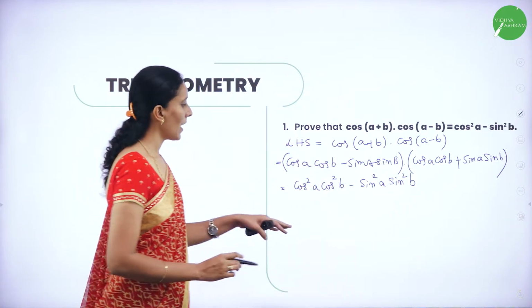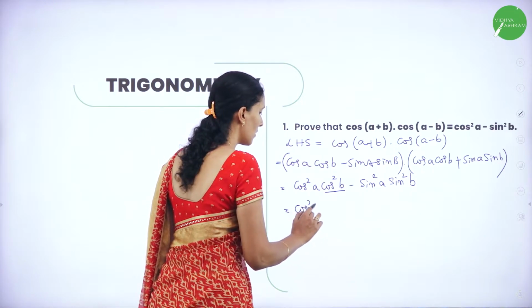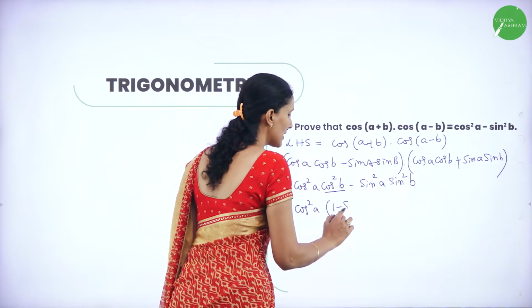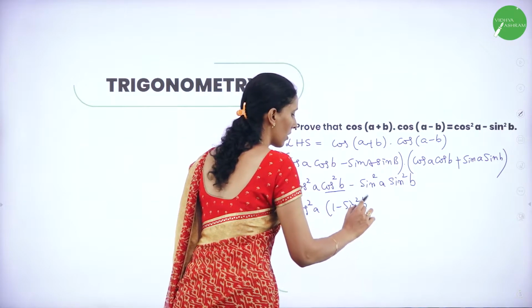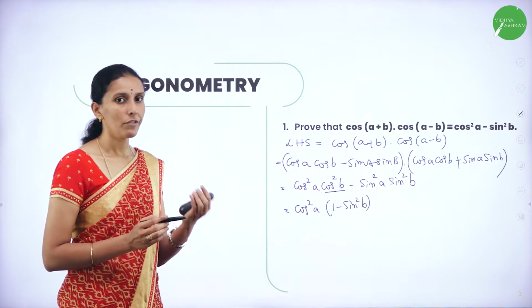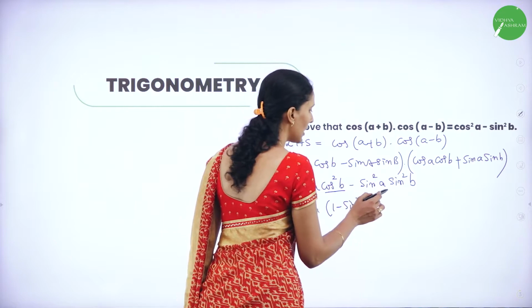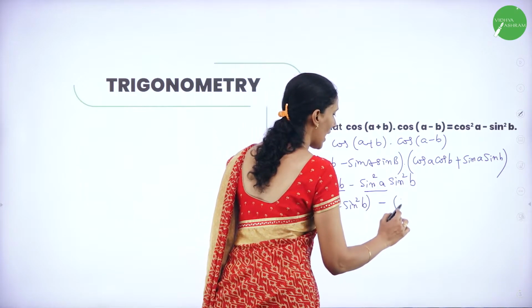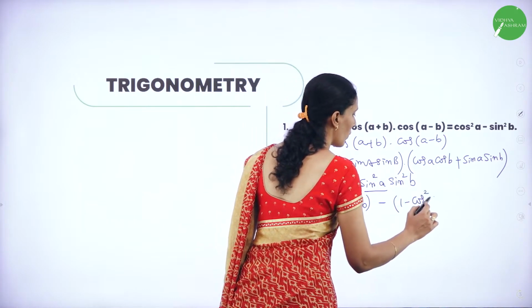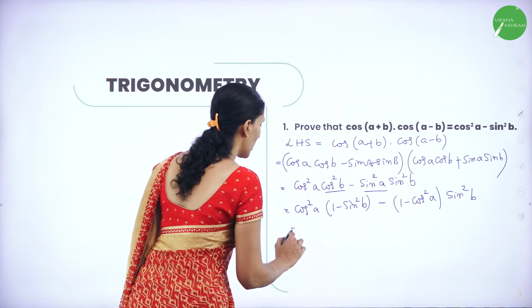Here I'll replace cos square b as 1 minus sin square b, because sine square plus cos square is nothing but 1. If you want cos square, you can write it as 1 minus sine square. Similarly, here I'll replace sine square a as 1 minus cos square a, into sine square b, multiplied with the remaining term.